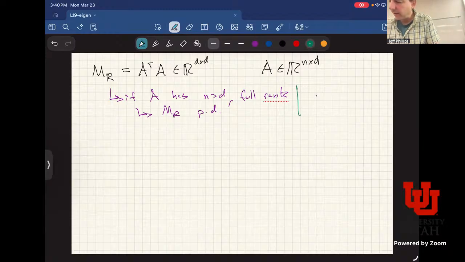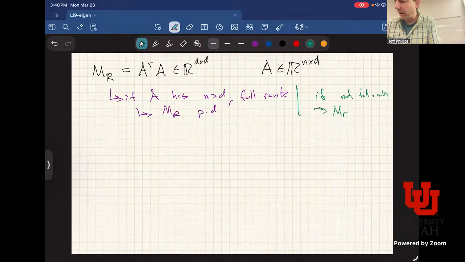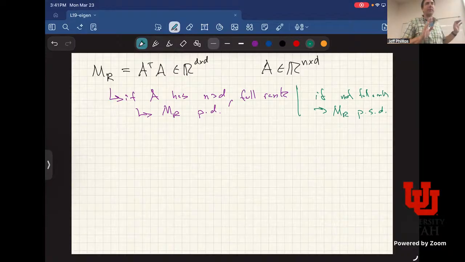If not full rank, then M R is going to be positive semi-definite. And this doesn't really break things. It just means some of the last few eigenvalues are going to be 0. They're still going to exist. They're not going to be problematic. They're just some of them are going to be 0. So even not being full rank does not cause really big problems.